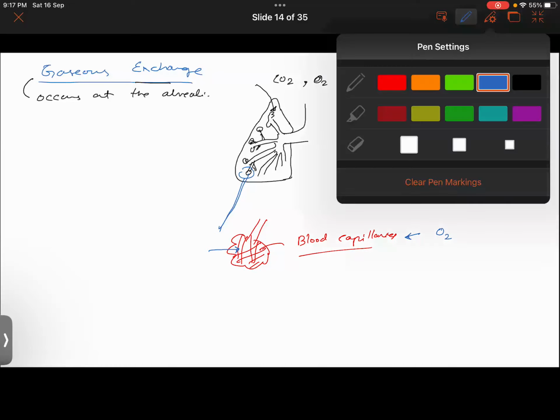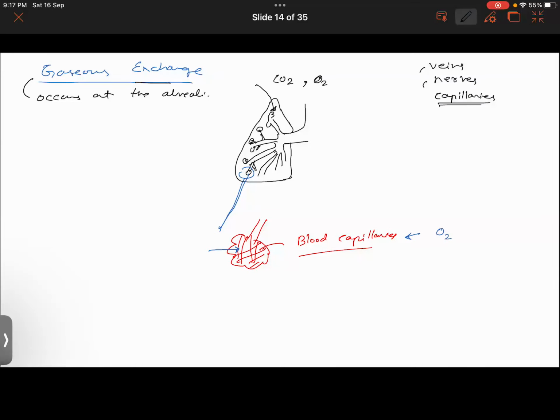And by what process is the oxygen entering into the blood capillaries? Have you guys ever thought of this? Oxygen will move into the blood capillaries by the process of diffusion. Now you will say, what is this term? Diffusion.